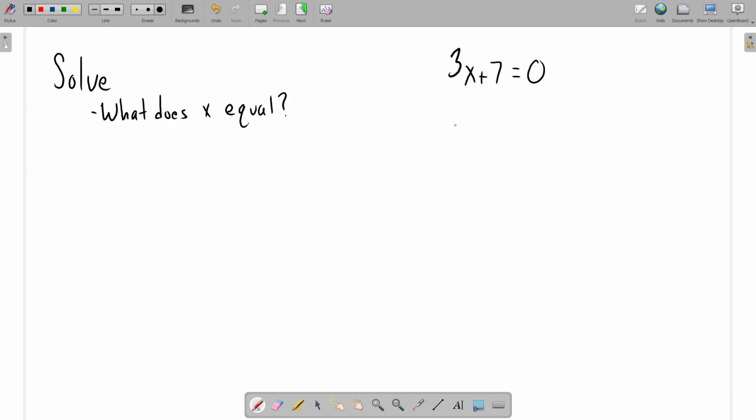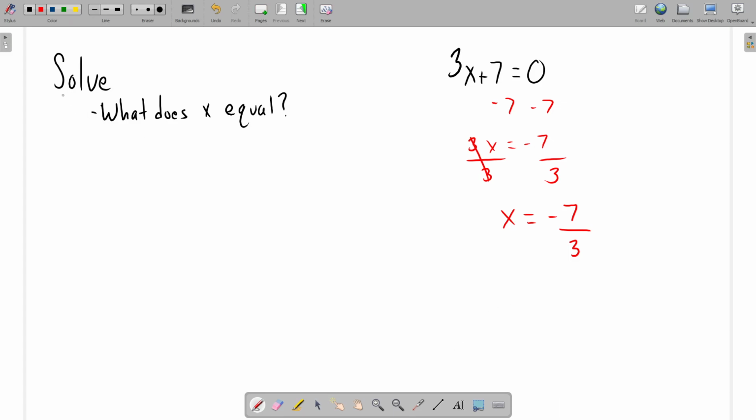We need to get everything else that isn't the x on one side of the equals so we can have x equals some number. So the way we would do that in this linear case would be subtract the 7 from both sides and then divide both sides by 3 and get x is equal to negative 7/3.